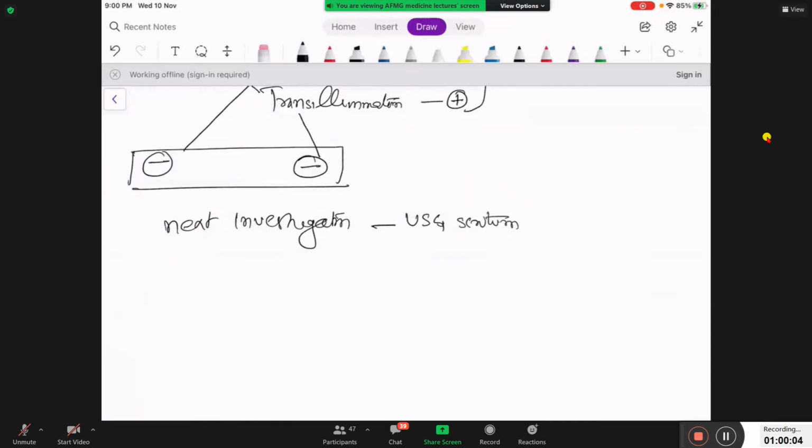If ultrasound scrotum says what you have seen on clinical examination, if ultrasound scrotum says that it's a solid mass, confirms your clinical finding, without any further delay or any other FNAC or transscrotal biopsy, we will proceed to high inguinal orchidectomy.